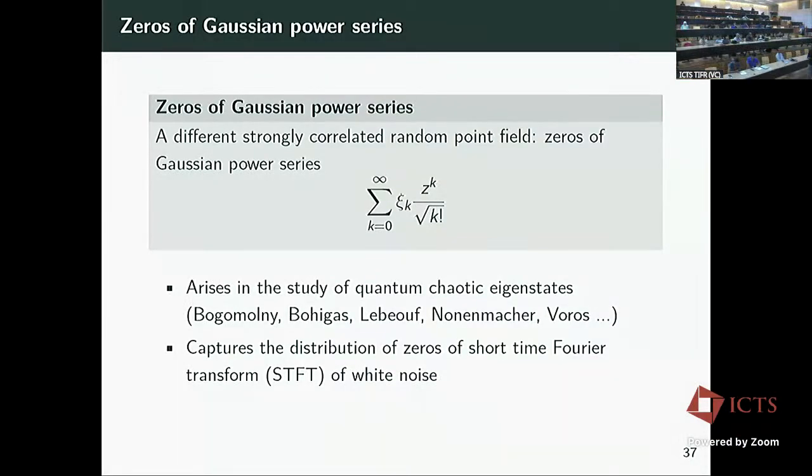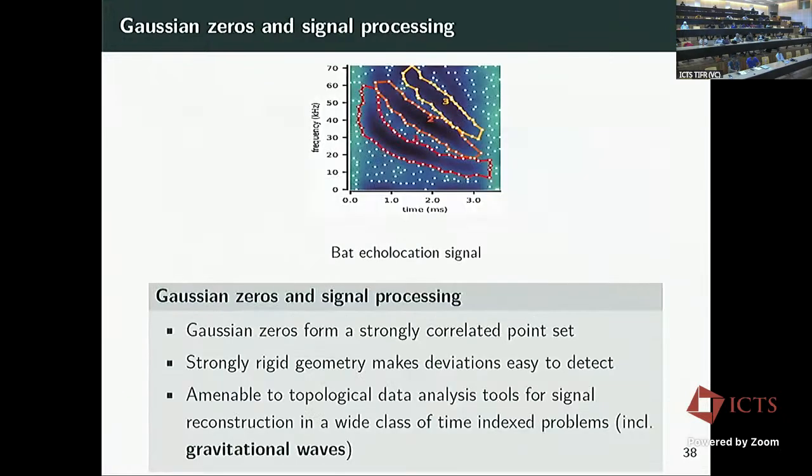So one of the key names is the French signal processing school led by Patrick Flandrin and his co-authors. So here is an example of how a signal plus noise spectrogram looks like. These white points are the zeros of the spectrogram.